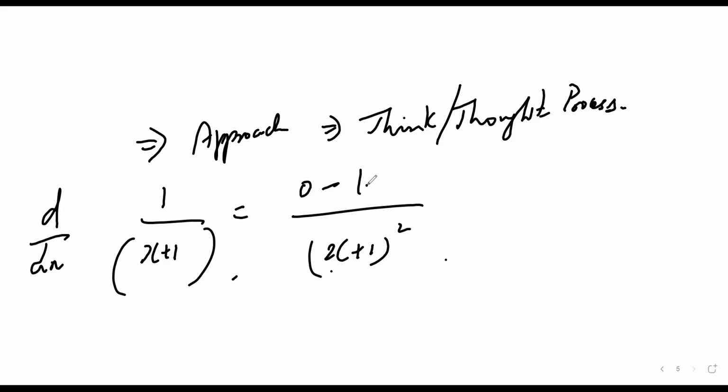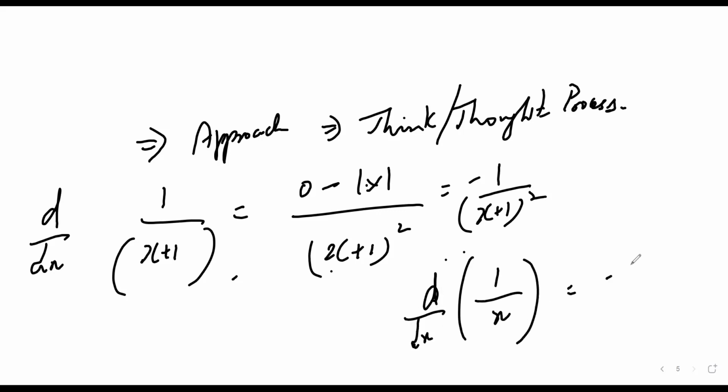This one I will keep constant, and the differentiation of x is again 1, and 1 into 1 is 1. So it is minus 1 by x plus 1 the whole square. Or else, what is the differentiation of 1 by x? Minus 1 by x square.